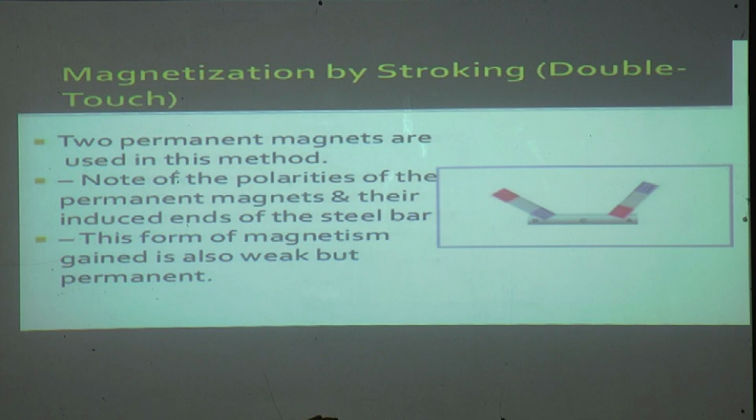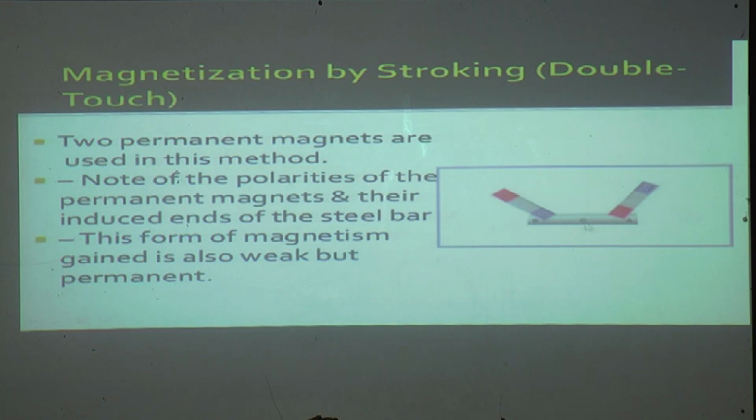The second one is double touch. Two permanent magnets are used in this method. Note the polarities of the permanent magnets and their induced ends of the steel bar. This form of magnetism gained is also weak but permanent.